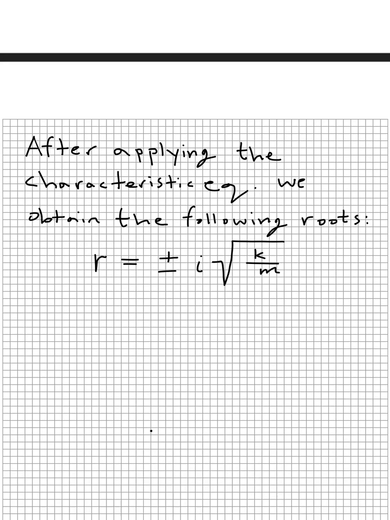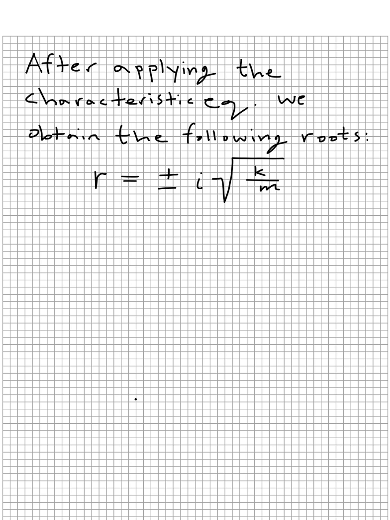That's a very important result that we're going to see many times, especially in examples and other scenarios we will work through using mechanical vibrations. There's a way to rewrite this expression. We normally say that r is equal to plus or minus omega naught times i.